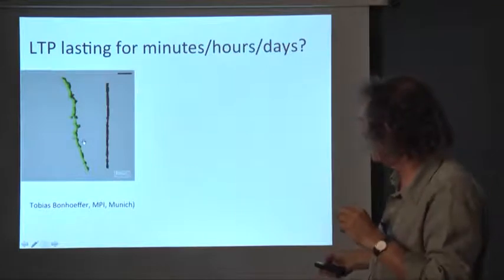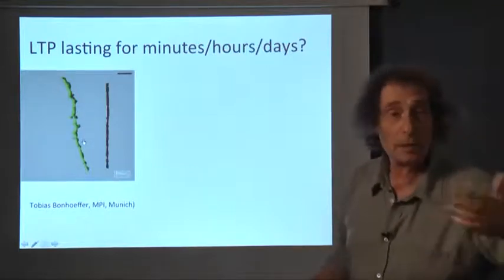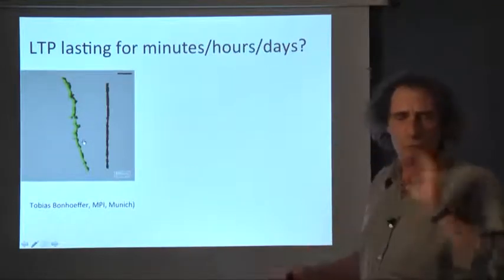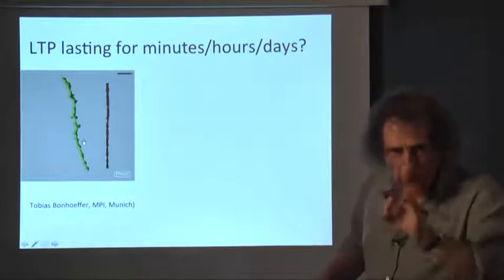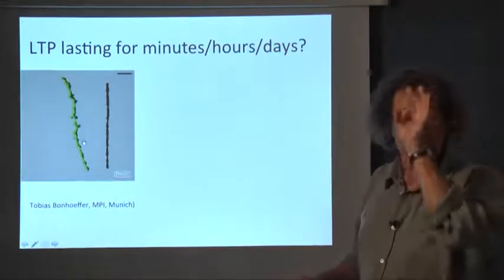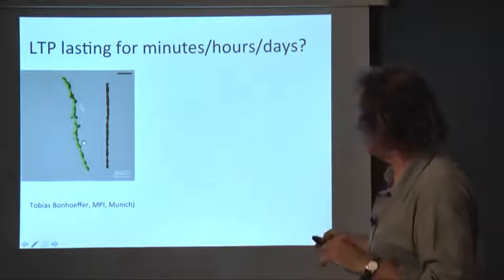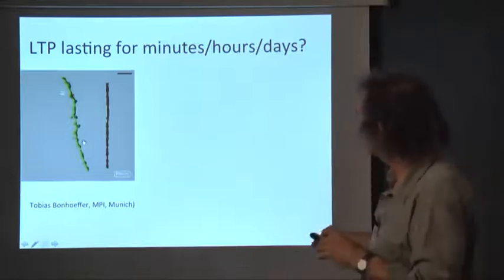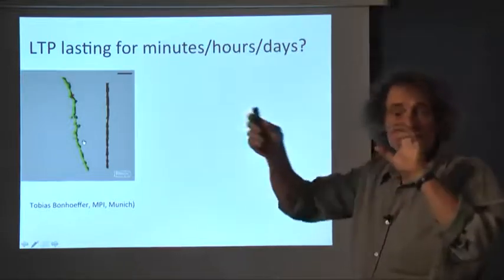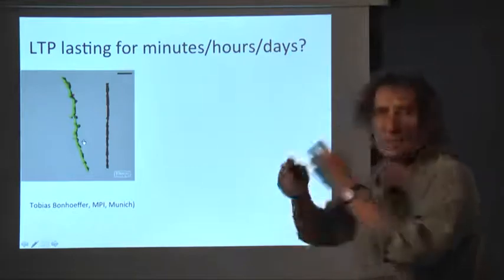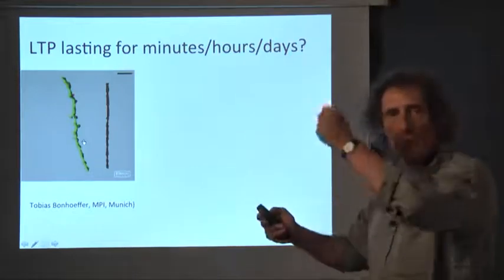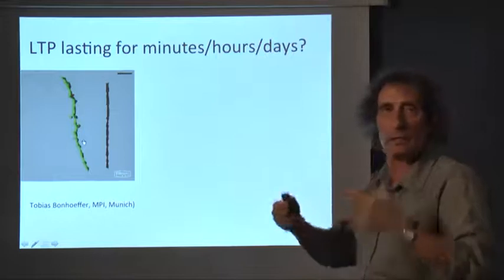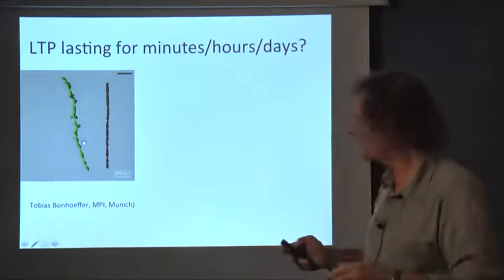This is the work of Tobias Bonhoeffer from the Max Planck Institute in Munich. So we have today a direct proof, just by looking in vivo on the behaving brain using a two-photon microscope, that there are these new structures, spines, growing, disappearing, dissolving, popping out again and again, and sometimes establishing a synapse.